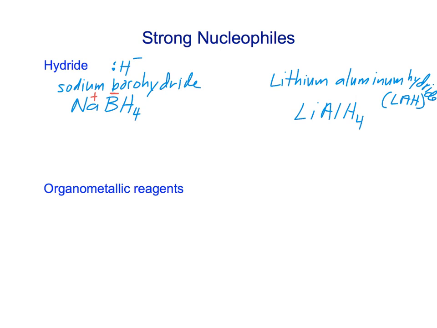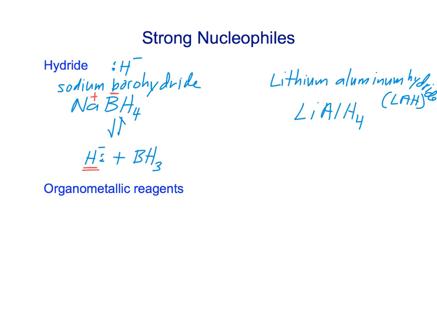If we think about the BH4 part as the reaction from a Lewis acid and a Lewis base, we can break it apart to a hydride plus borane. Remember borane from our hydroboration oxidation reaction. So this is essentially the hydride that would be delivered.